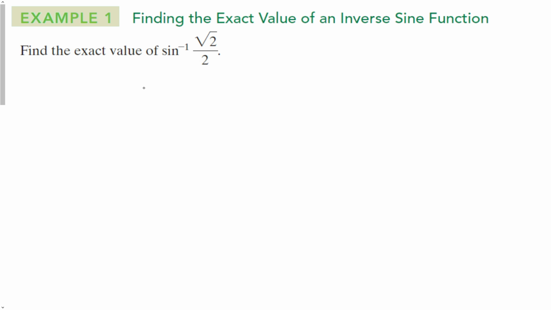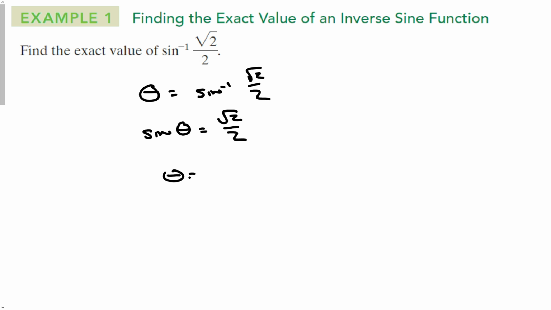The way I can write this is that some angle is equal to the inverse sine of the square root of 2 over 2, which means that the sine of some angle is equal to radical 2 over 2. And my question is, what is that angle?